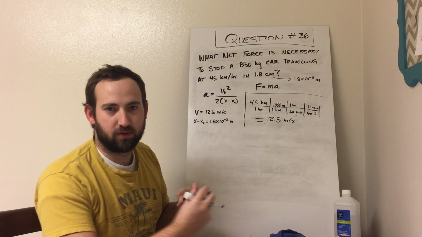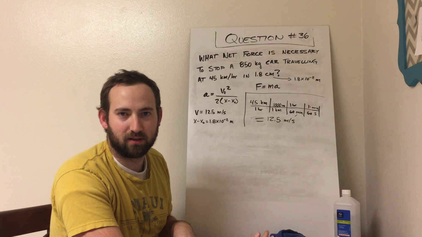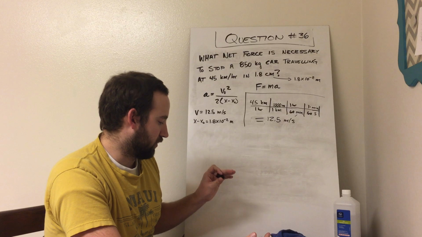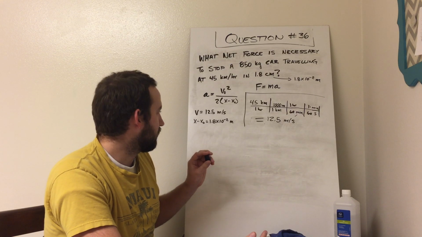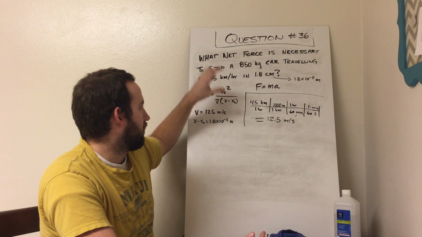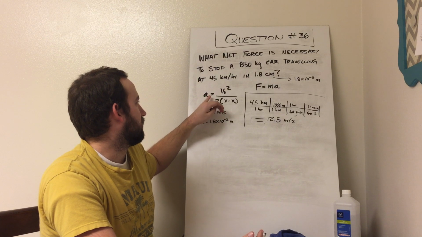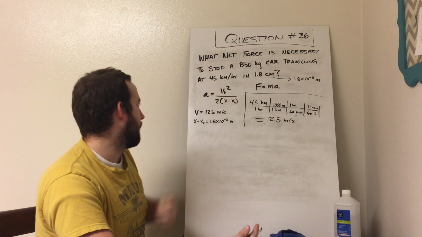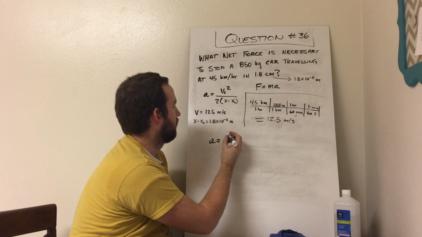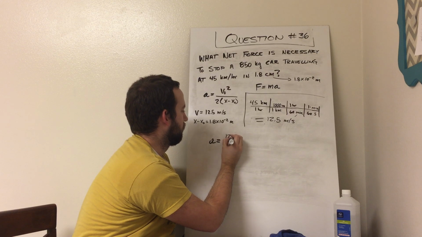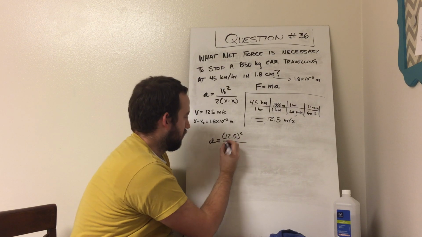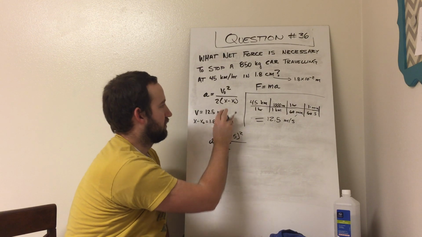So now that we've gotten our unit conversions out of the way so that everything's in the proper units, now we can start looking at the problem. First of all, we need to find the acceleration of this car. So we use this equation, and the acceleration equals the velocity squared, so it's going to be 12.5 squared over 2 times the distance.